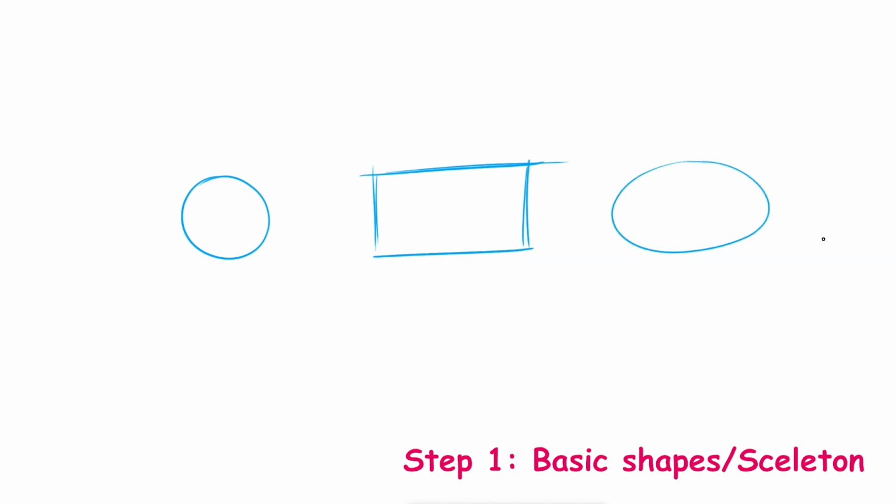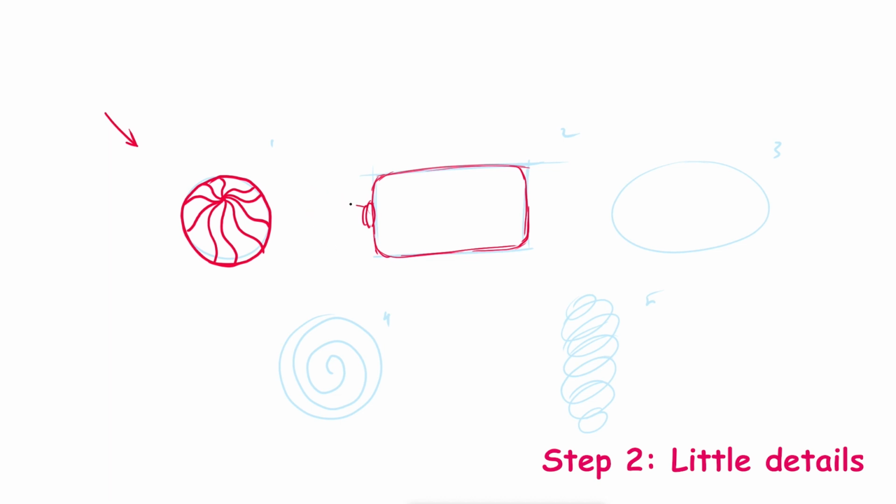I'll repeat the steps once again. We draw the basic shapes first: circle, rectangle, oval, spiral, and a group of oval shapes layered. And then we improve those shapes to the next level.